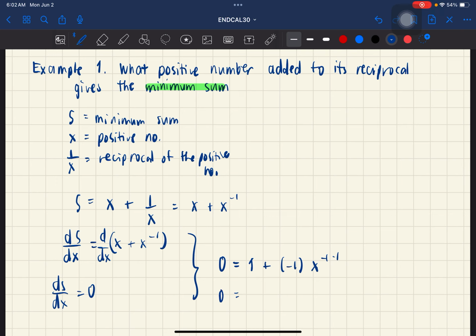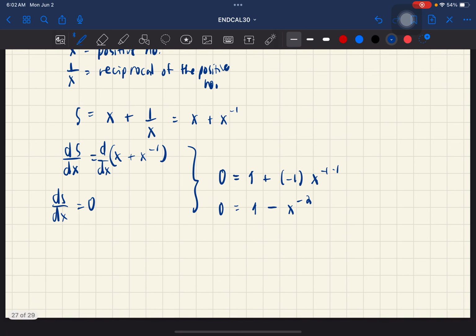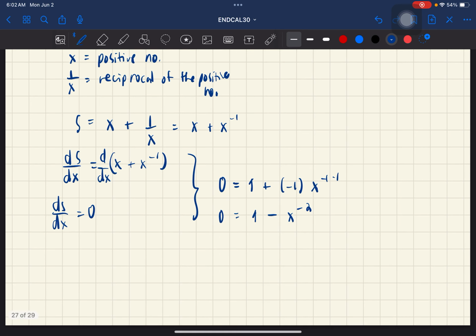So that gives us minus x raised to negative 2. Negative 1 minus 1 is negative 2. So when we rewrite the equation, this will be 0 is equal to 1 minus 1 over x squared.